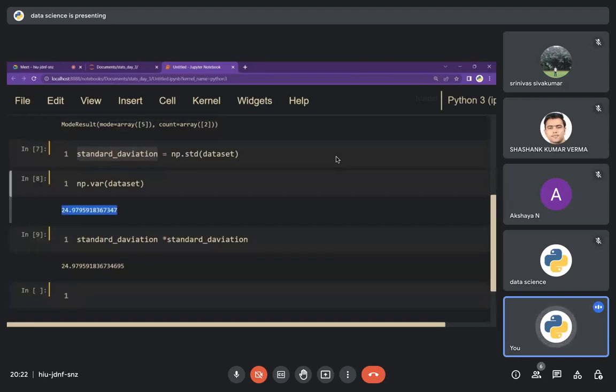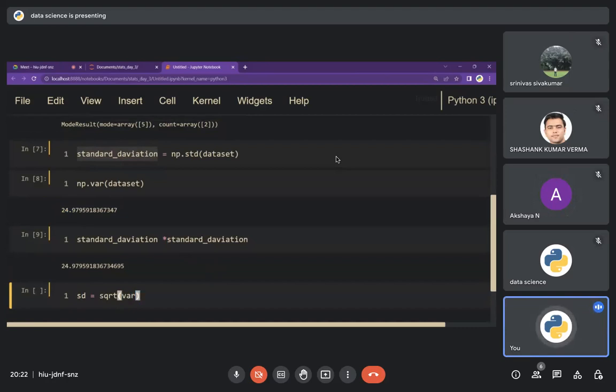Does it make sense, guys? Are you able to understand how it came? Let me write that. Standard deviation is equal to SQRT of variance, the square root of variance.